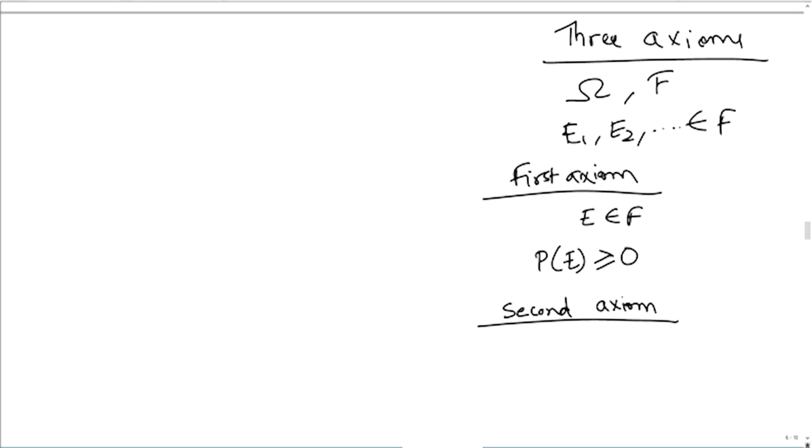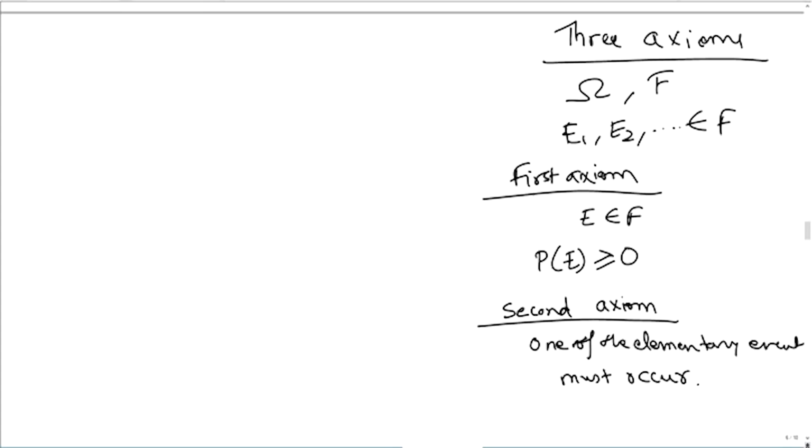Now, the second axiom. The second axiom says that one of the elementary events must occur. What is an elementary event? Well, an elementary event is an event which contains only one member.